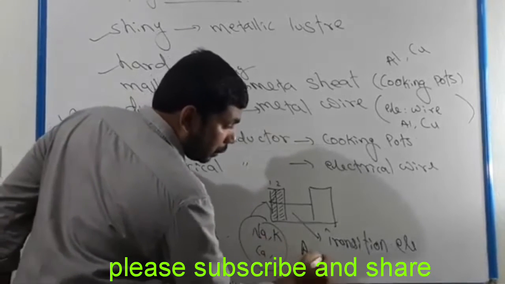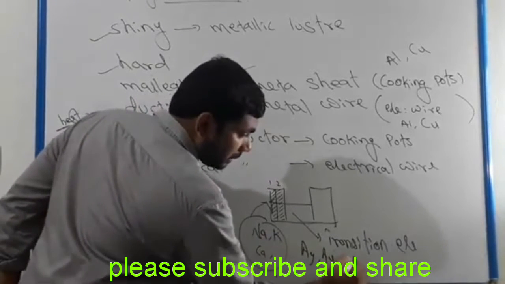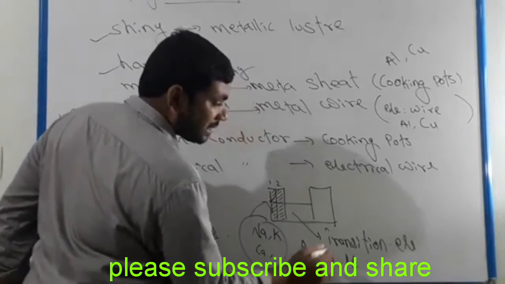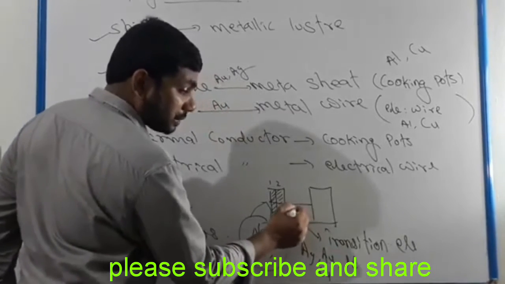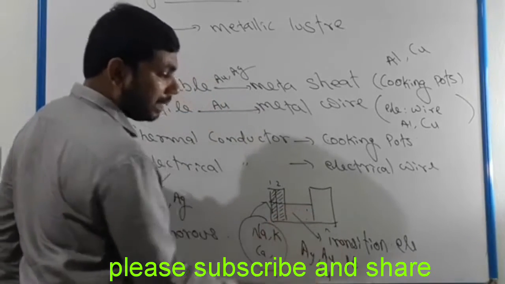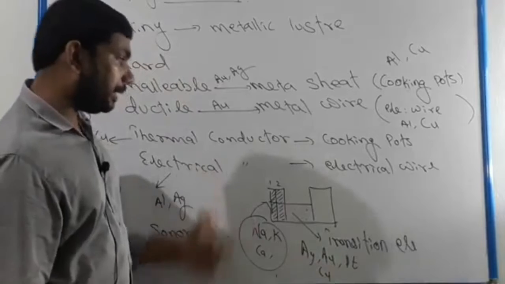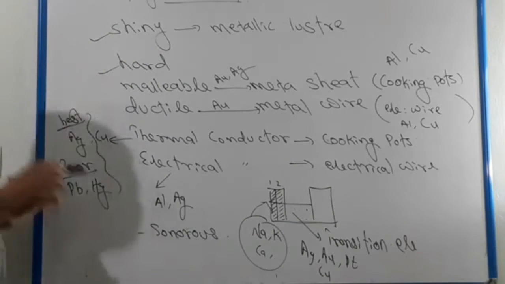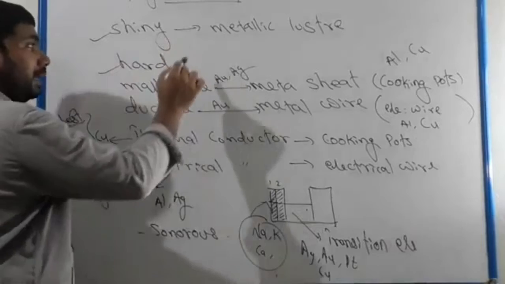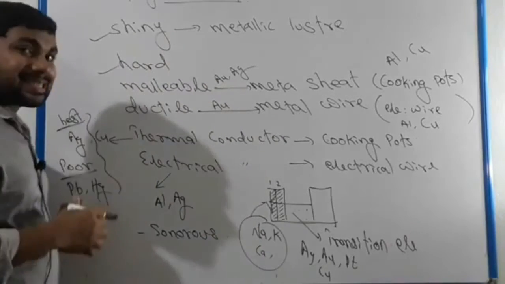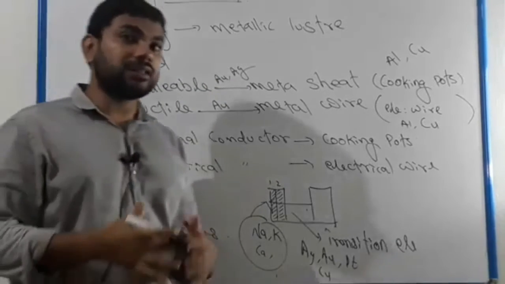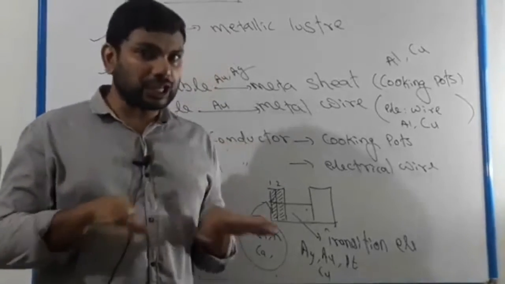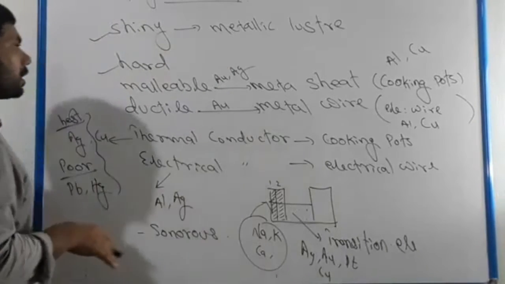Silver, gold, platinum, copper, these types of metals come in this part. I gave this example in the beginning. Now we discussed that generally metals are shiny and metals are hard. There are exception cases, but generally metals are hard.